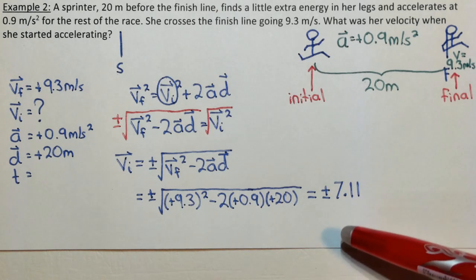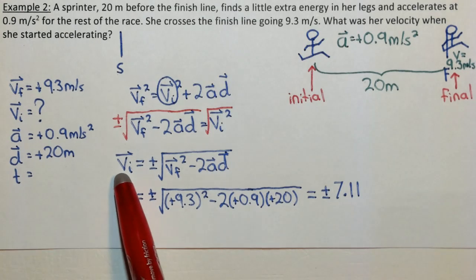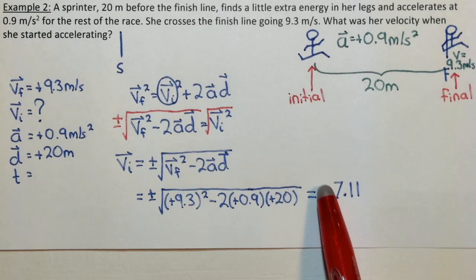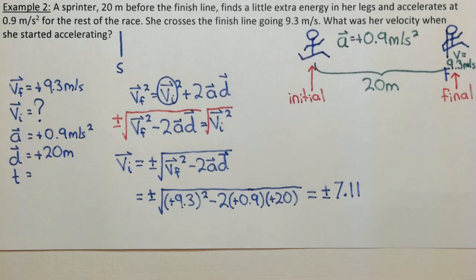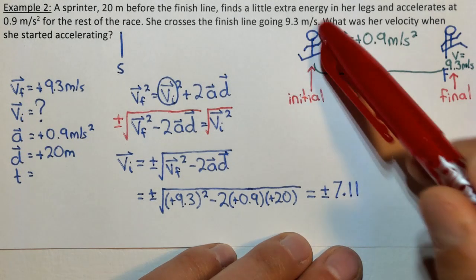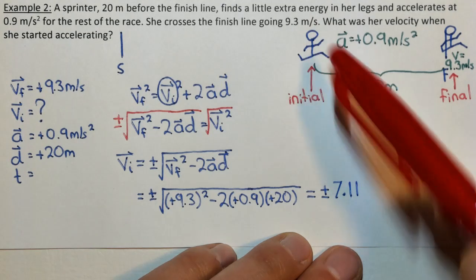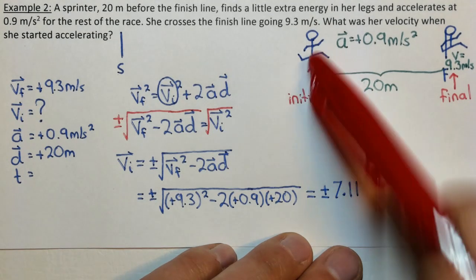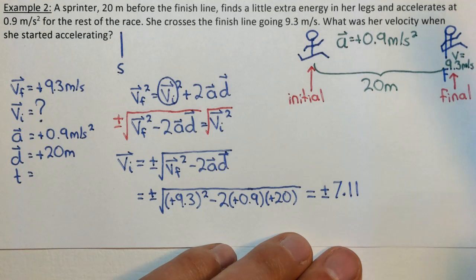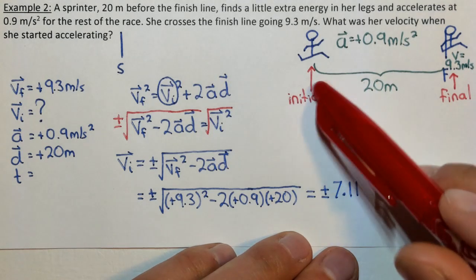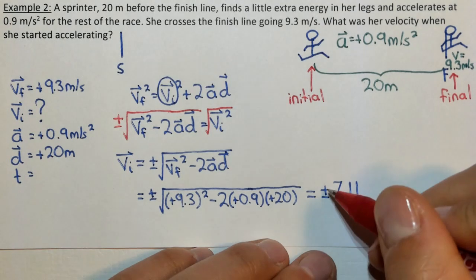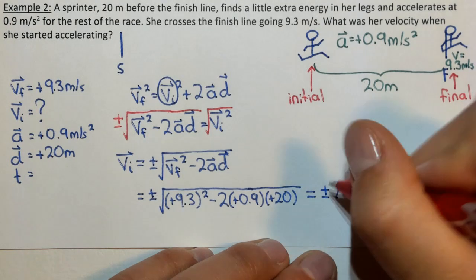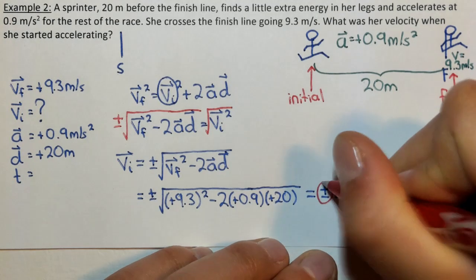So if we're forced to choose between an initial velocity that's forward and an initial velocity that's backwards, in other words, we have to say, does it make more sense that the sprinter would be going forwards at her initial point or backwards at her initial point? Suddenly it becomes obvious that forwards is the clear choice in this problem. So we are going to actually select the correct one from these two, and that's the positive one.